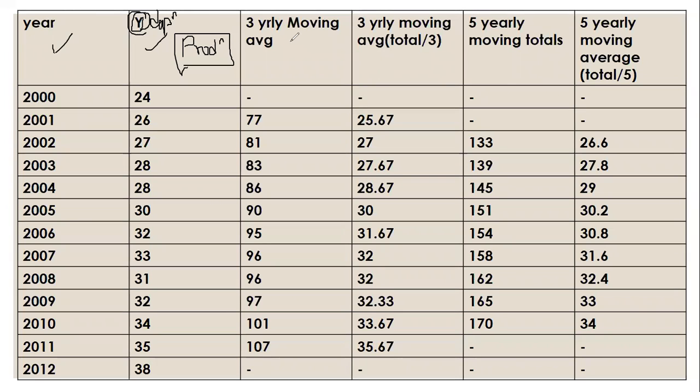Next, we are asked to find the 3-yearly moving average. Before finding the average, let us find the 3-yearly moving total. So this is not average, this is total. We will find the 3-yearly moving total first and then go for the average.